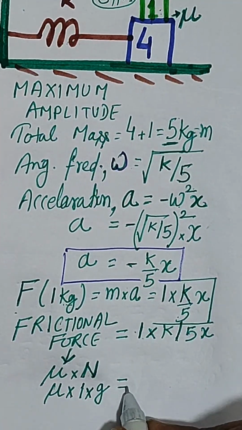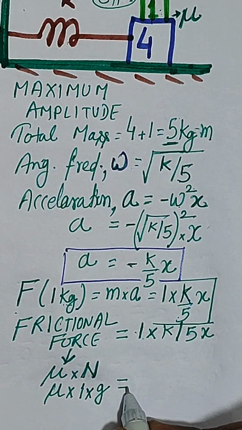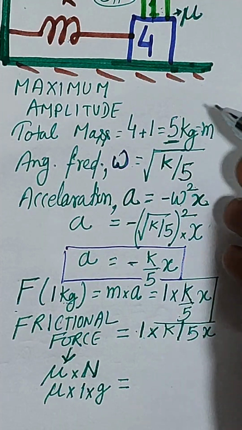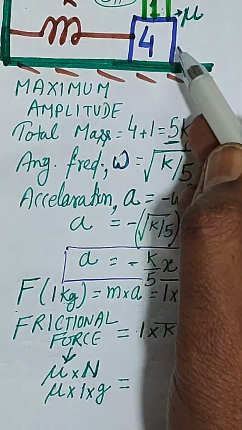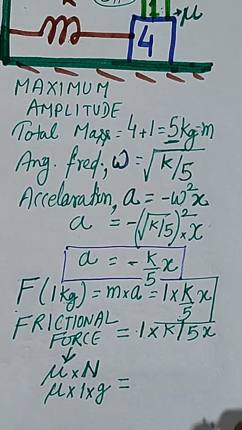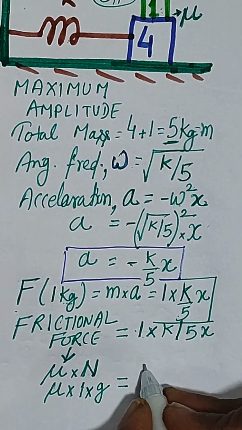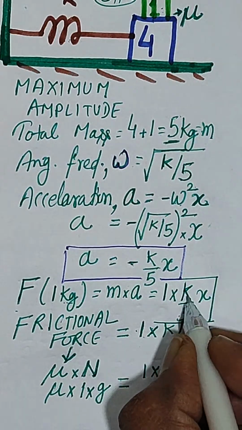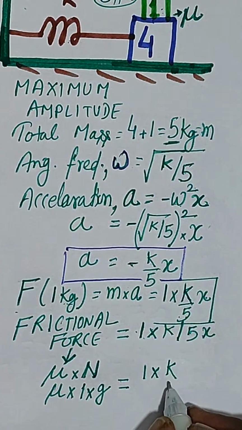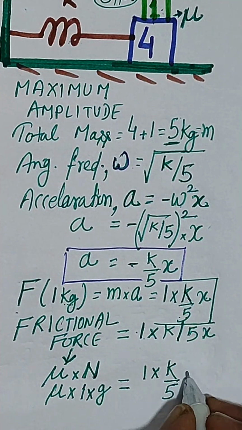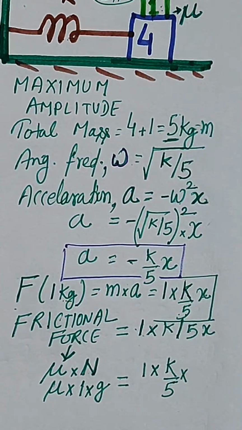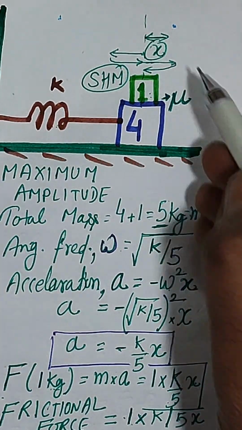Equating with this maximum force of friction for the SHM of the upper block, 1 into k by 5 into x. So x is the displacement which we have taken as small.